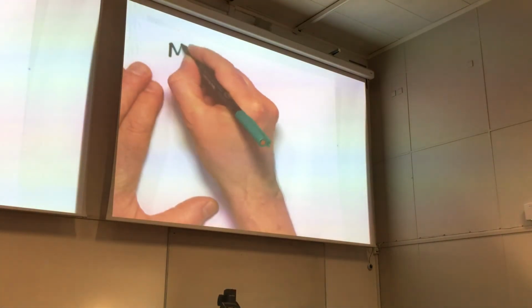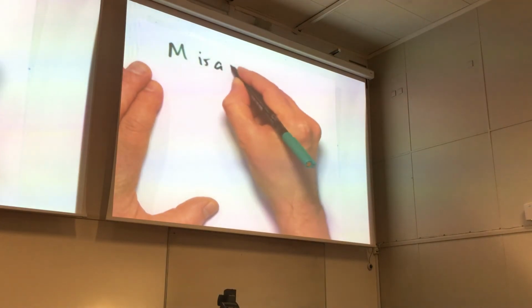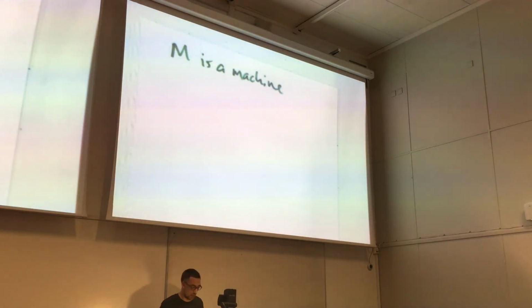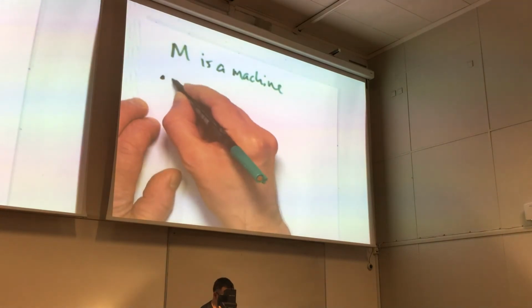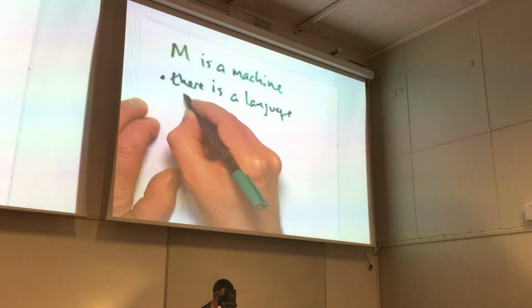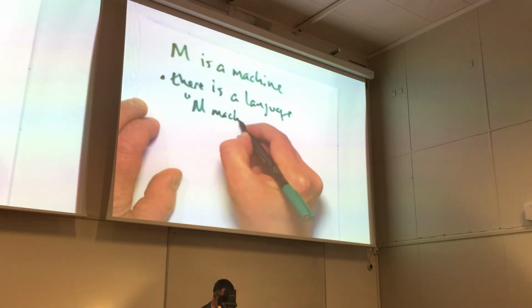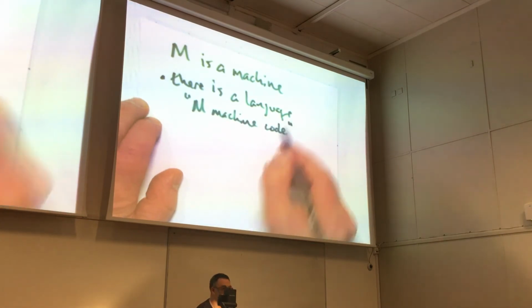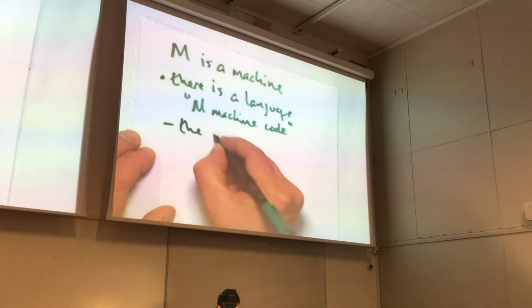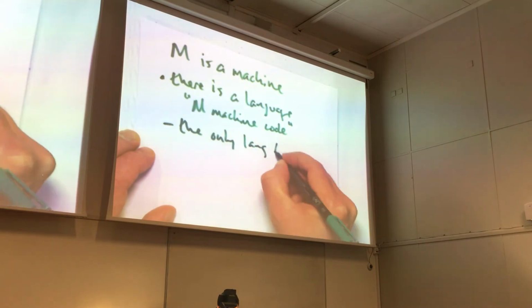Okay? M is a machine, let's say. Like my Mac is a machine, your phone is a machine, and all of these sorts of things. And inside it, crucially, there's a question of what processor it has. Right? So, there is a language, and machine code. And that's the only language M runs.